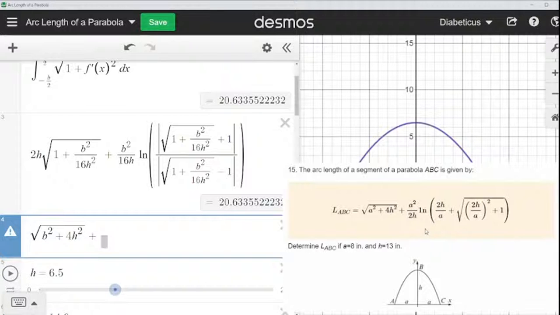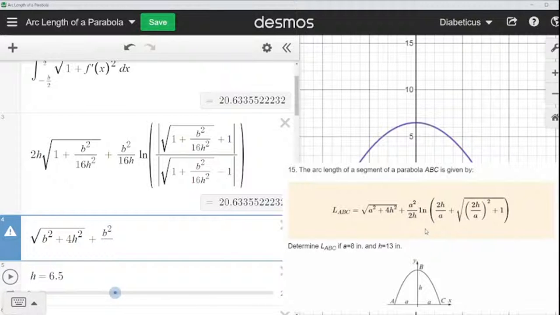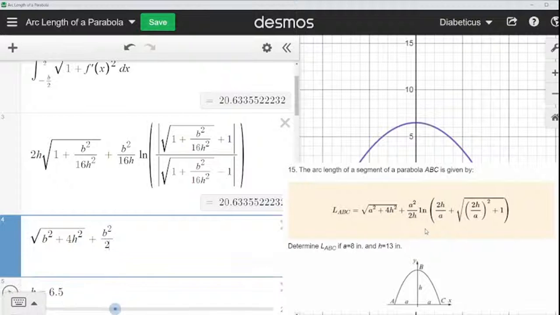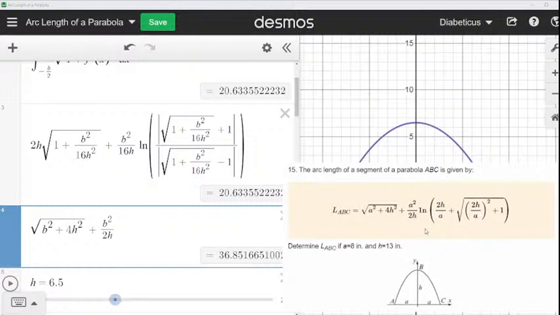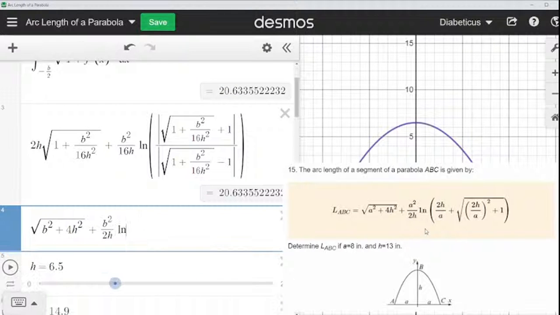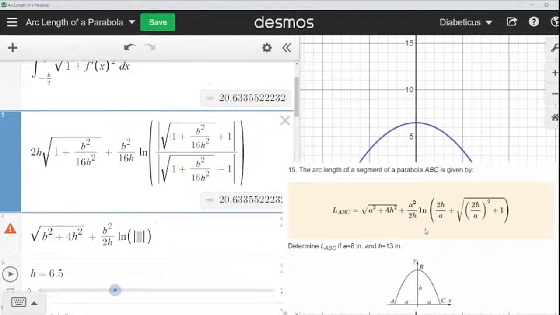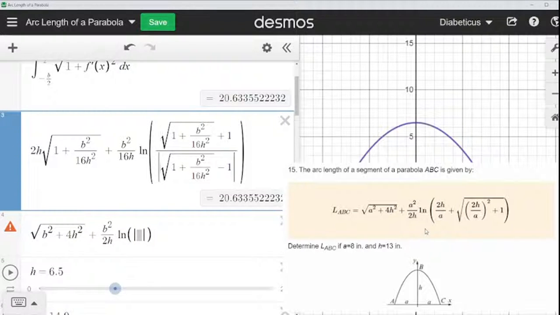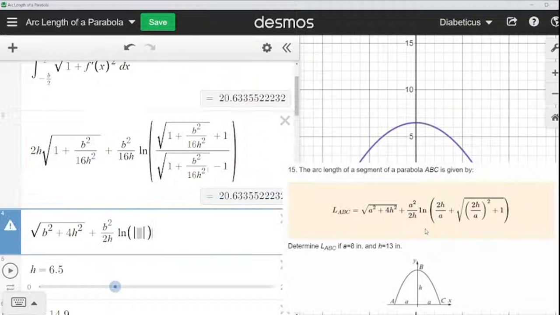Plus b squared over 2h, ln. Do we even need, like? No, we don't need the absolute value. Okay, it's just that.